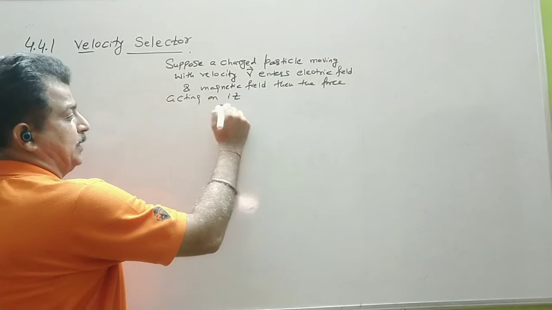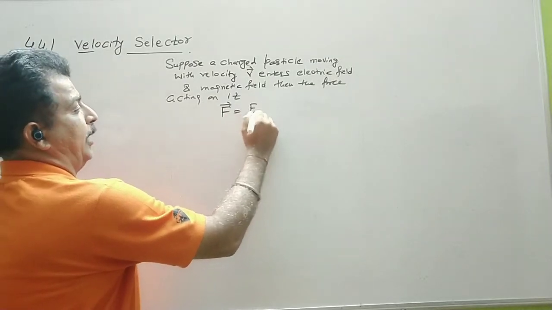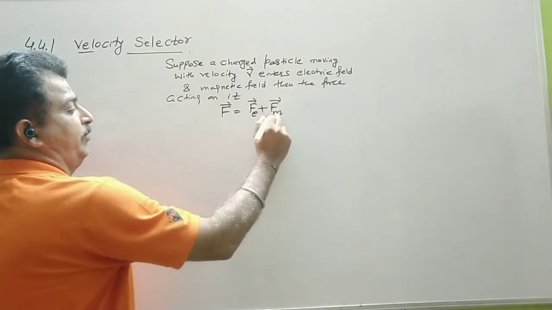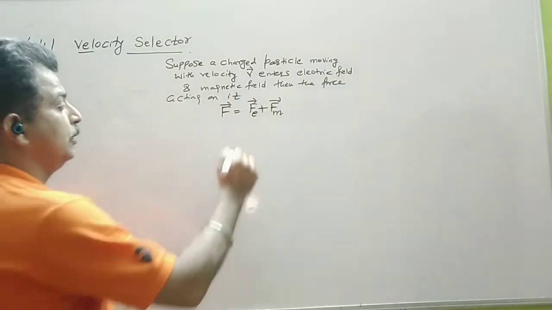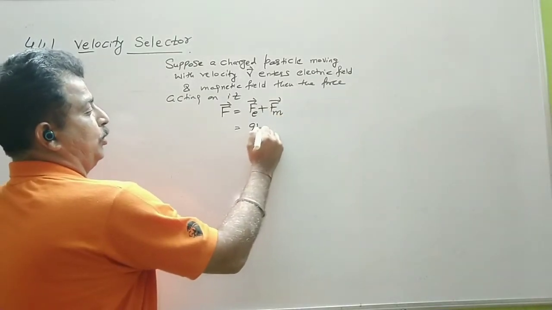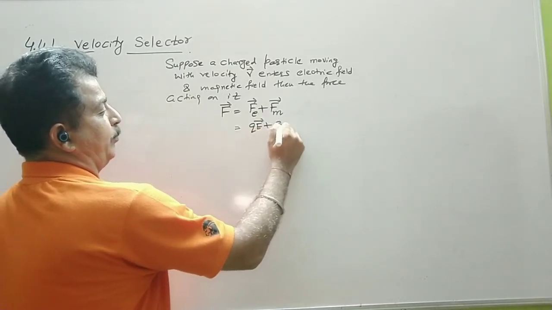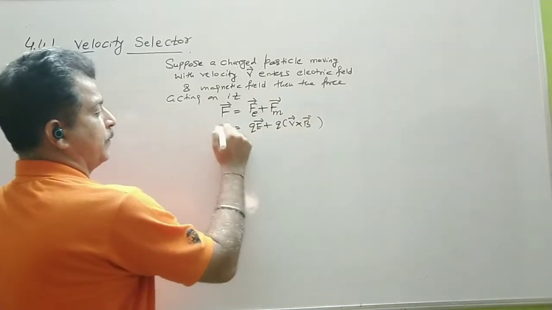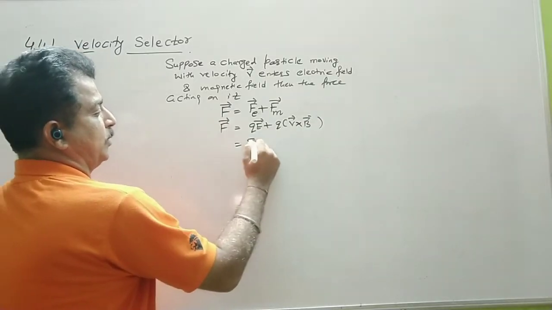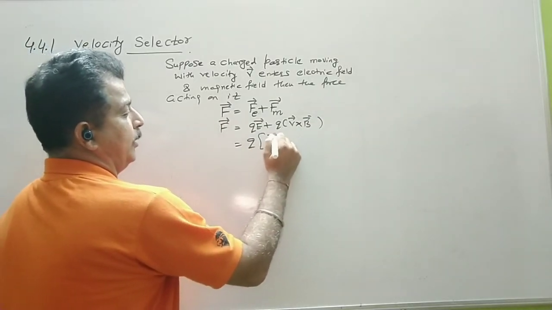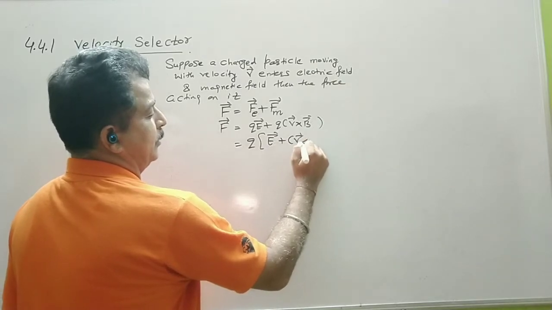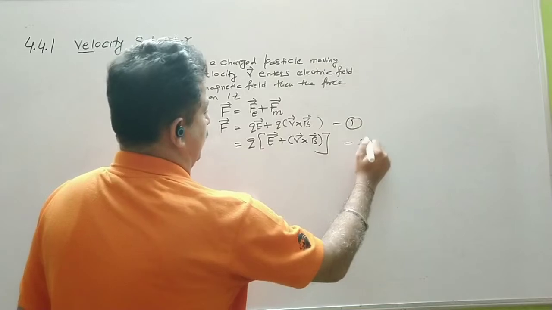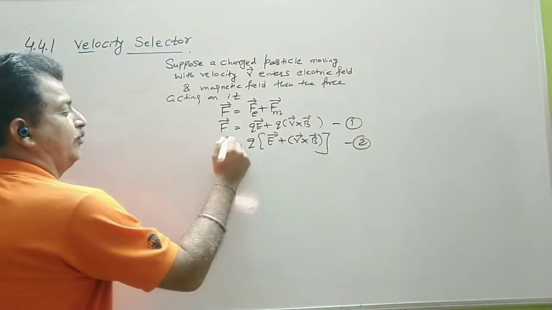So that force is equal to Fe plus Fm, sometimes we write Fb also. So this was equal to QE vector plus Q V cross B. So this was written as Q (E plus V cross B). So this was the resultant force.